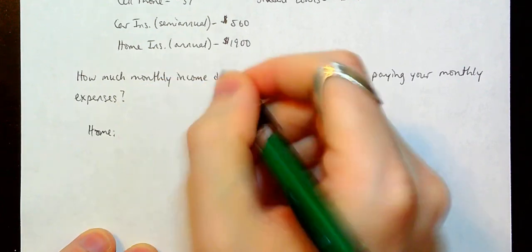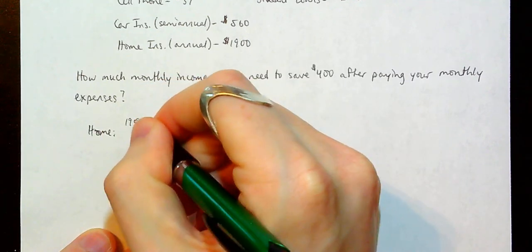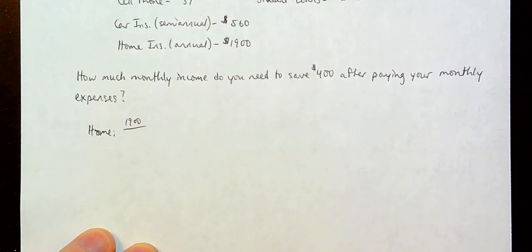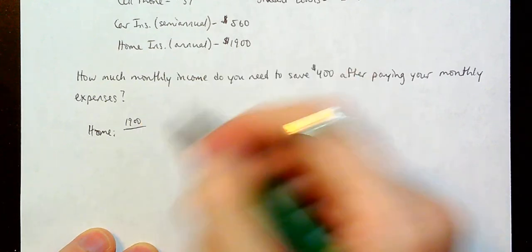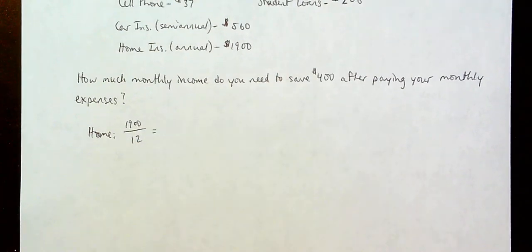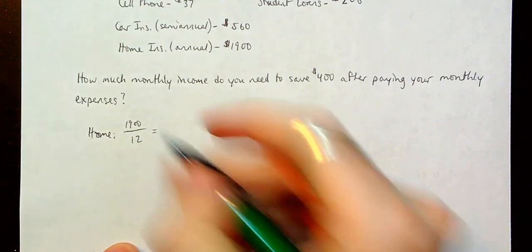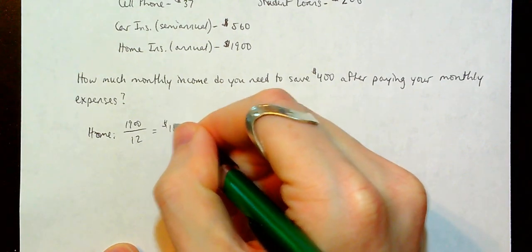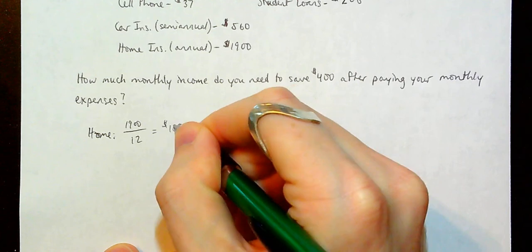I'm going to take that $1,900 and divide it by, obviously, 12 months per year. If you do 1,900 divided by 12, you are going to come up with $158.33.